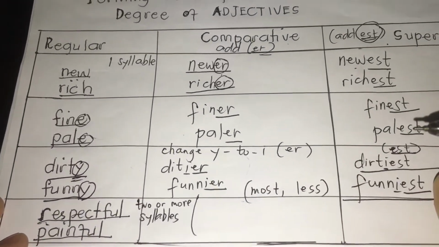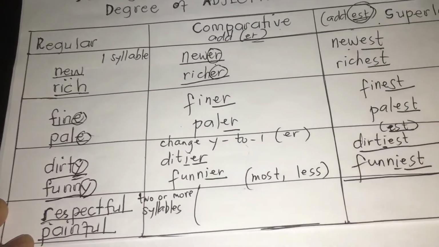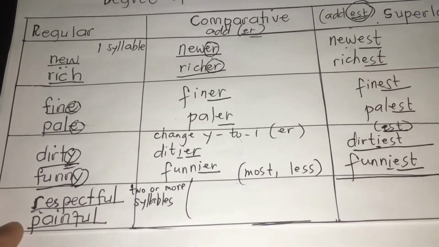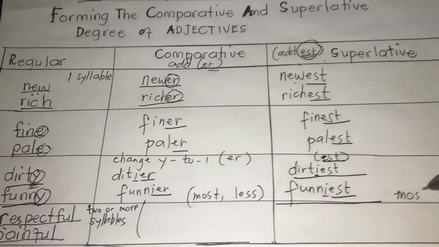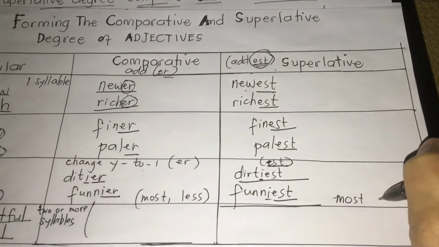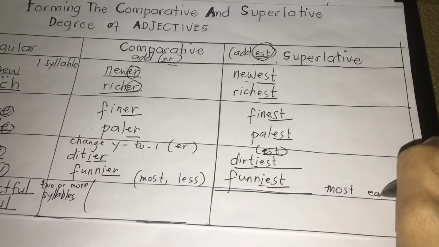Then in the superlative form, you can add most also and least.